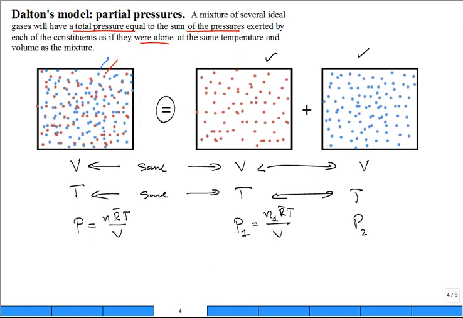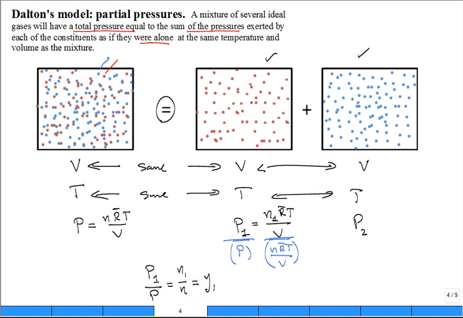So if we take this equation right here and we divide both sides by P, the total pressure, here we're going to divide by total number of moles, R bar T divided by V, then it simplifies that we have the pressure, we're going to call it the partial pressure, associated with the first component divided by the total gas pressure is equal to, a lot of things cancel, but it's the amount of component 1 divided by the total amount of the mixture, which is simply y sub 1.